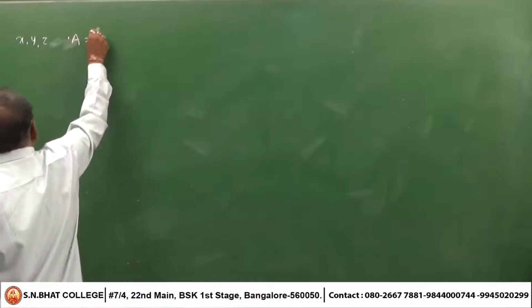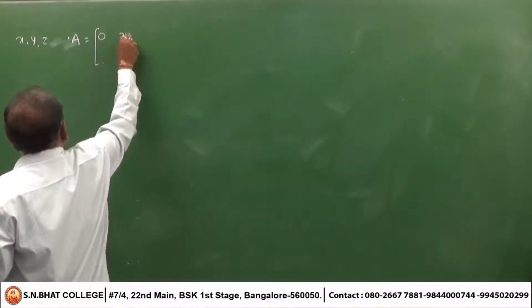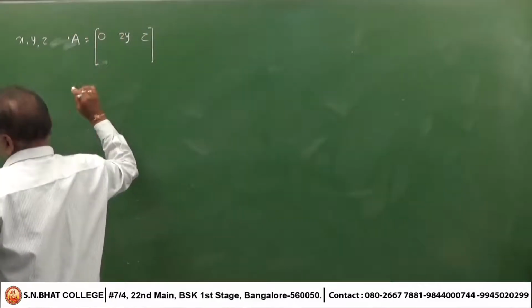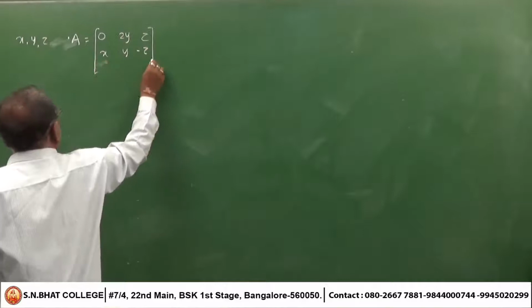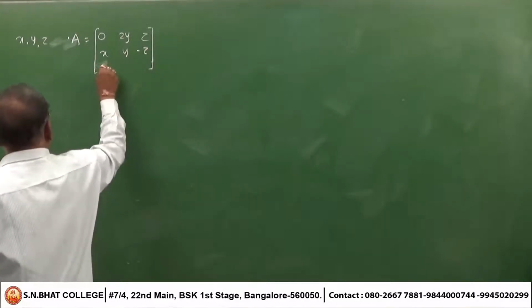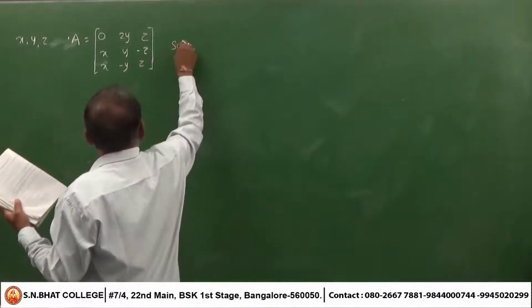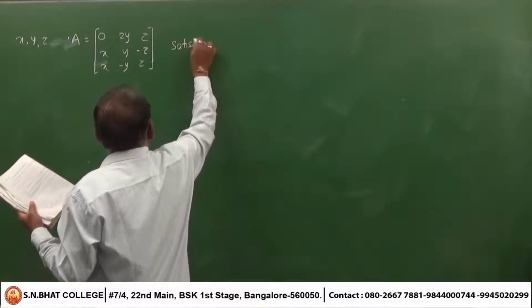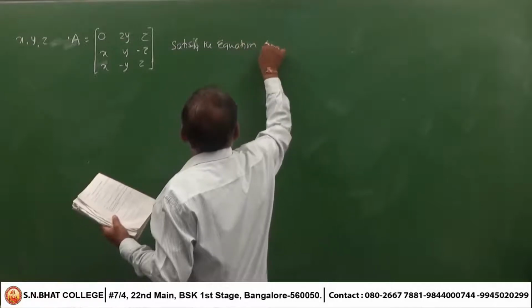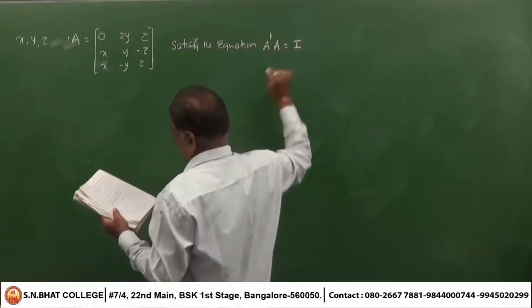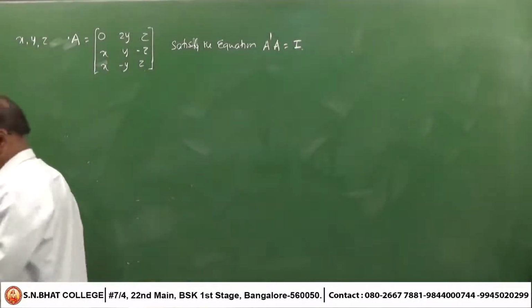For the matrix A equal to 0, 2y, z; x, y, minus z; x, minus y, z, which satisfies the equation A transpose into A is equal to I.